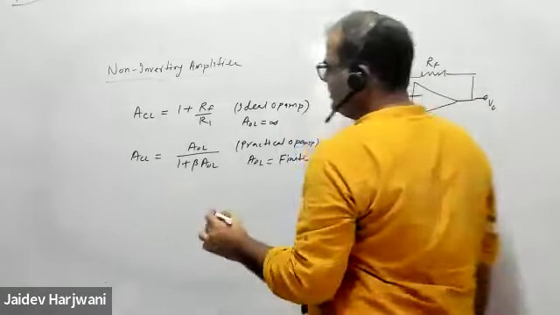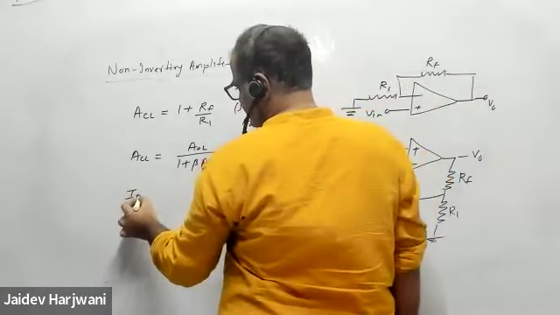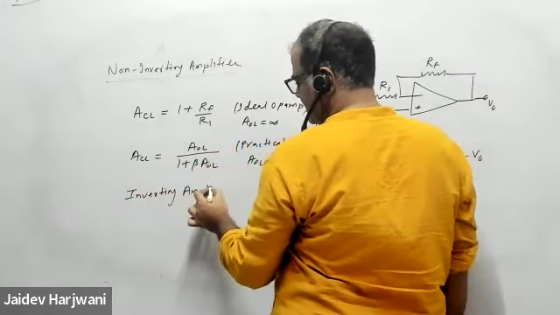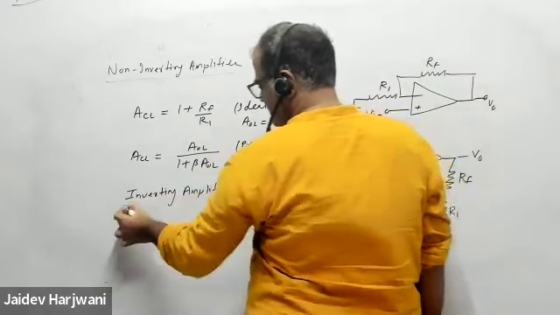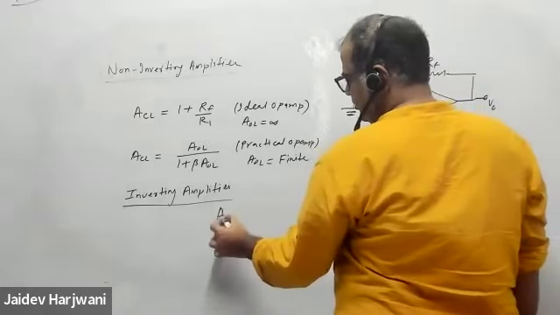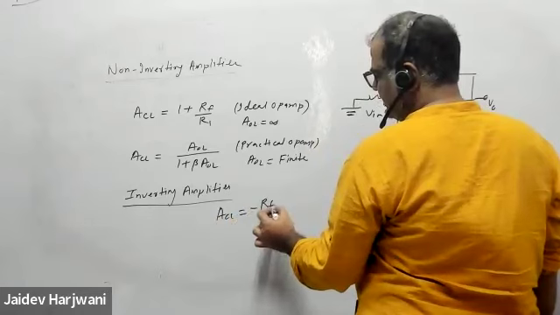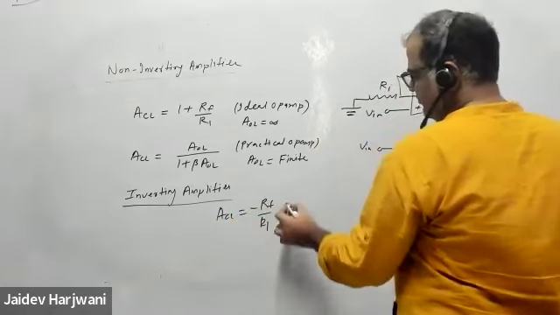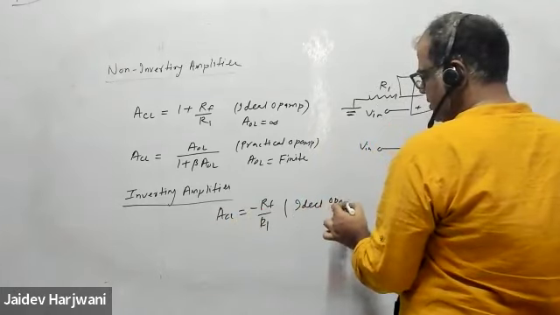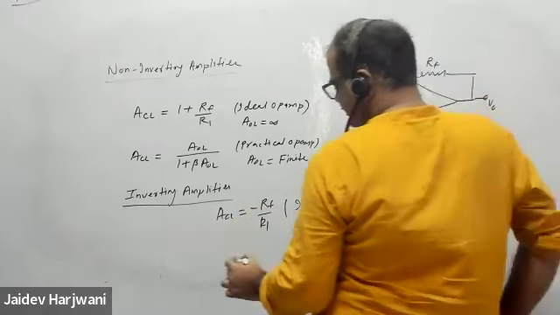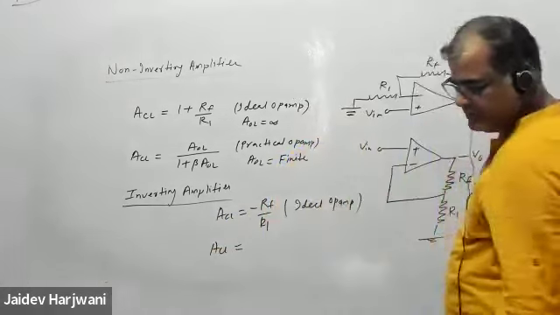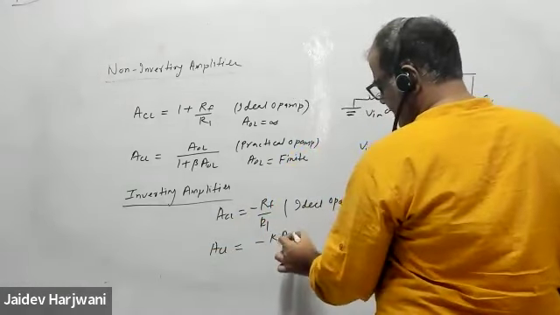And now similarly for inverting amplifier, closed loop gain was minus RF upon R1 for ideal op-amp case. And for practical case, closed loop gain was equal to minus K AOL upon 1 plus beta AOL.